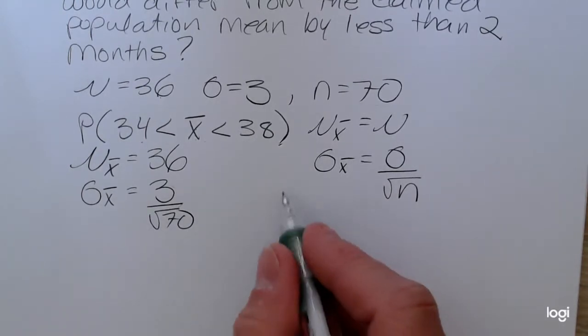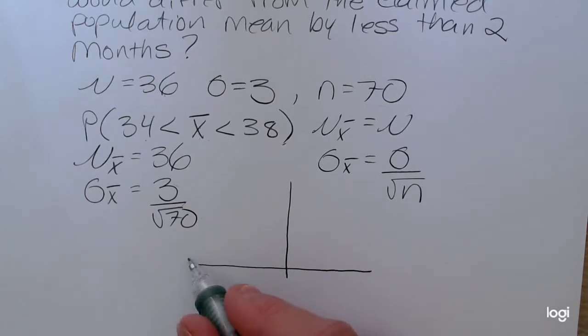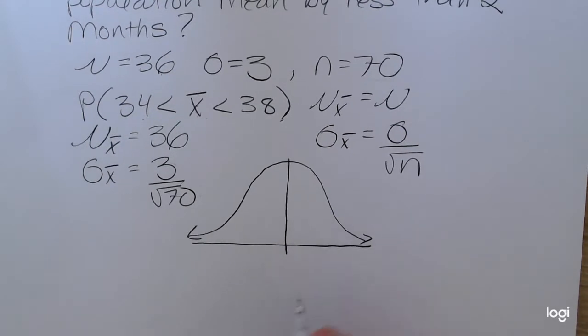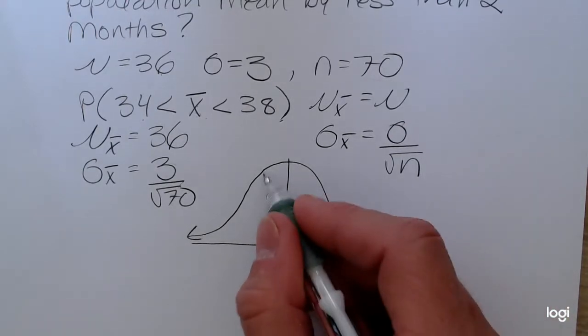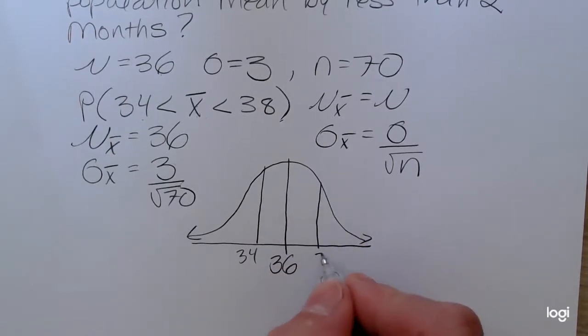So looking at that as a shaded area under the bell curve, because the Central Limit Theorem says that X bars will be normally distributed, the mean is going to be the same as the original population. And I want to go from 34 up to 38.